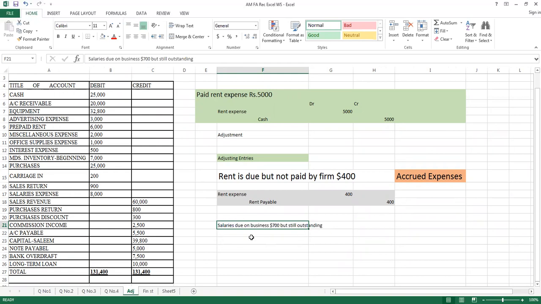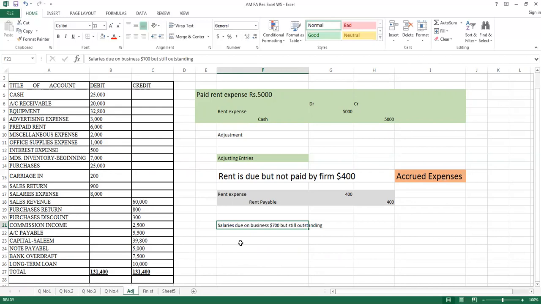So whenever any expense is due and we didn't pay it, technically this kind of expense is called accrued expenses. And whenever we have an accrued expense situation, it means that this expense should be recorded, but of course we are not paying it.